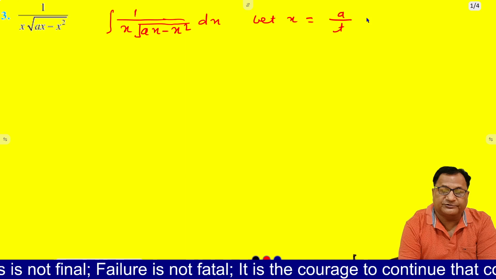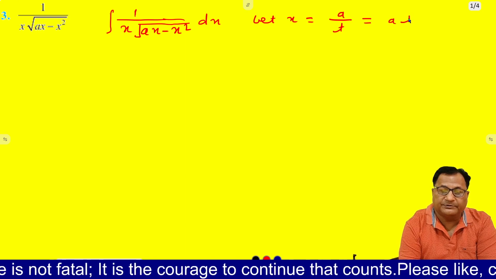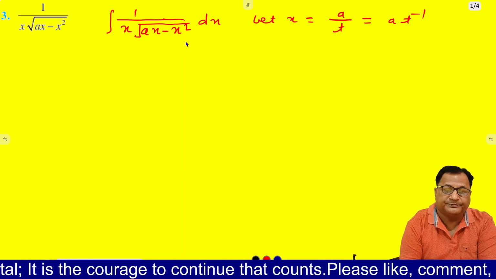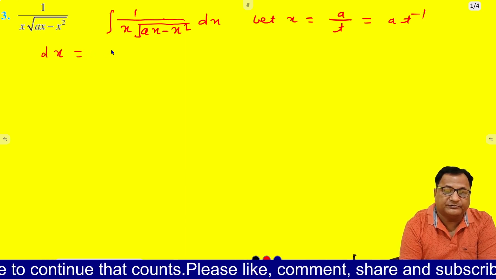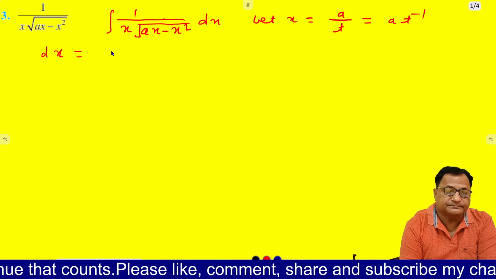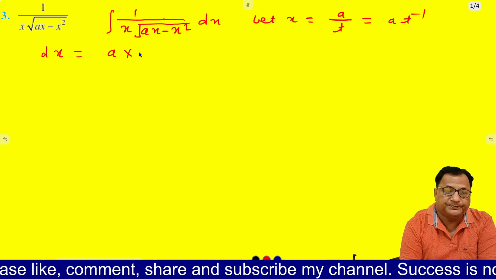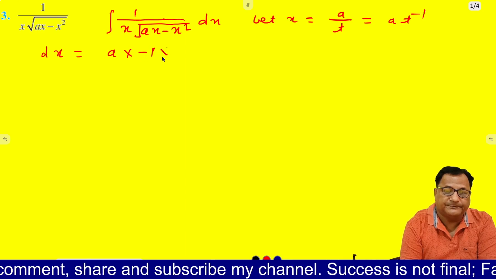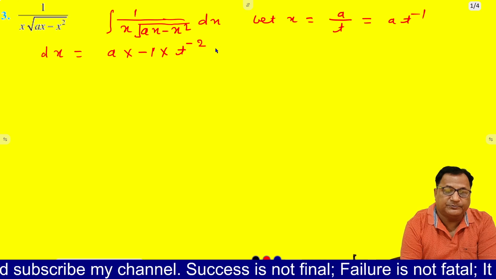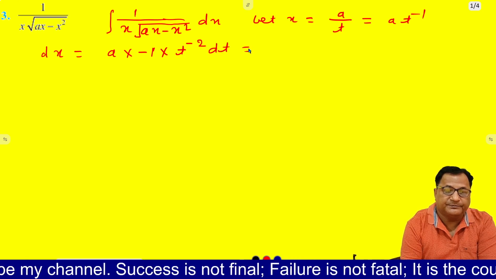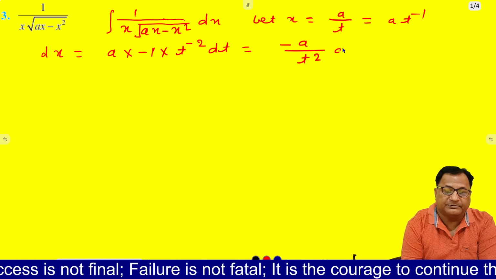If we differentiate both sides, then dx is equal to a into minus 1 into t to the power minus 2 dt, which means minus a by t square dt.